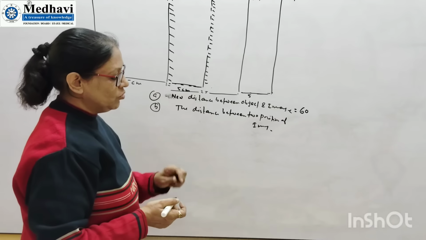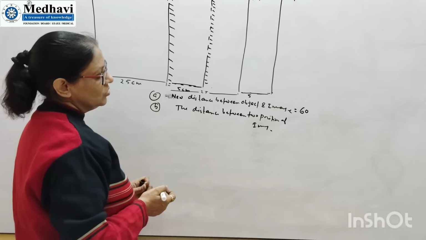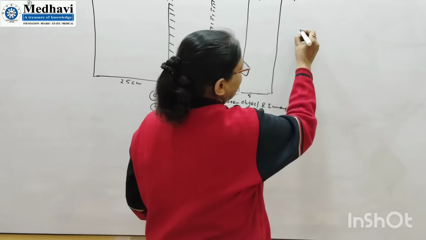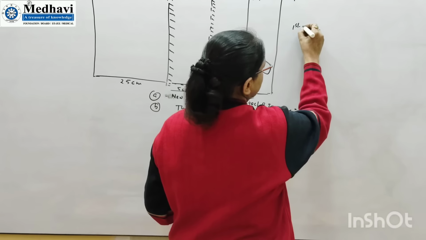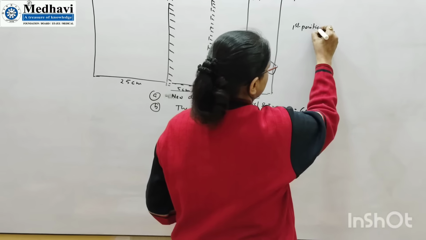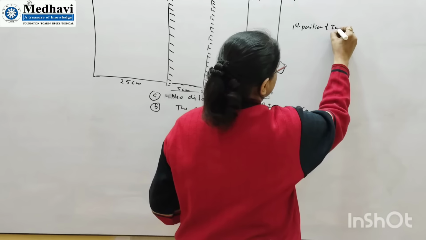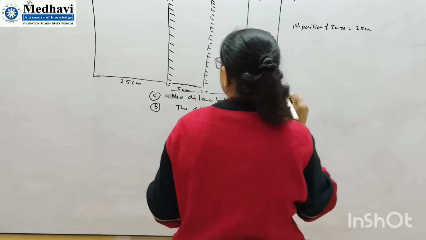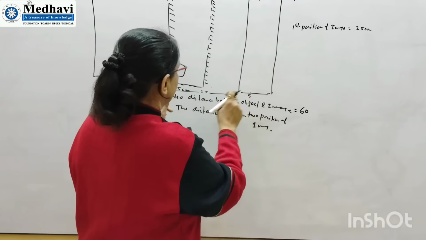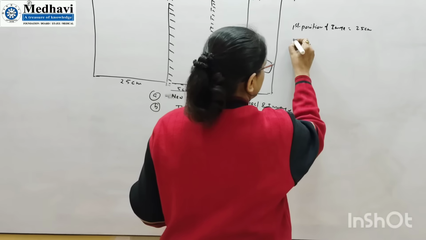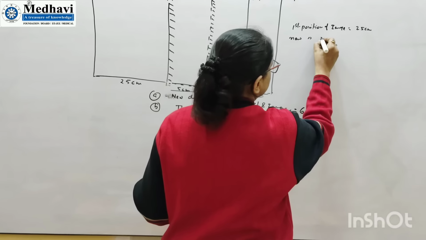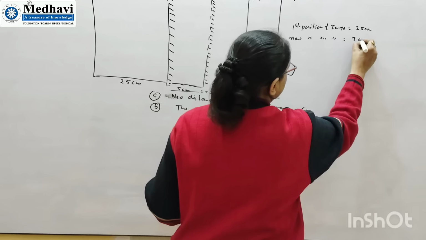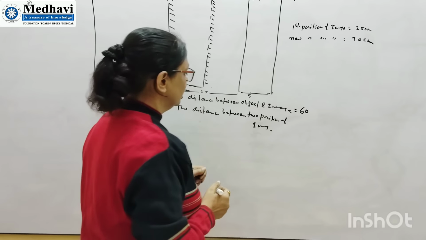And the distance between two positions of the image. The first position of image was 25 centimeter, and the new position of image is 30 centimeter.